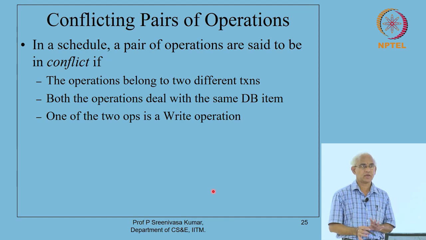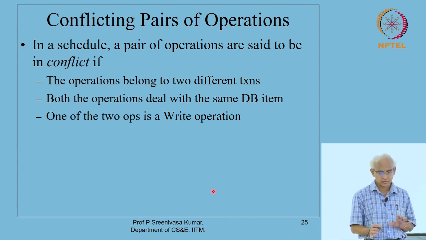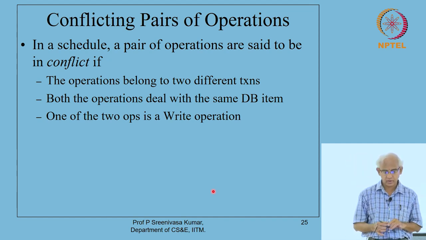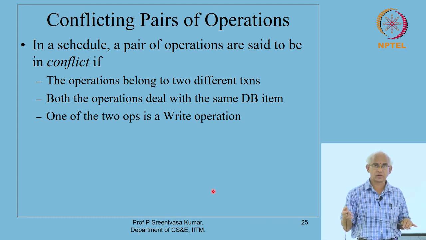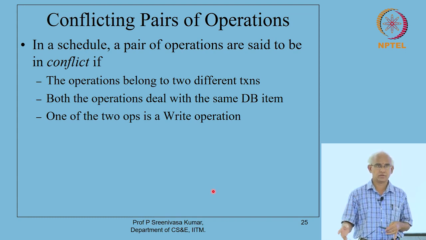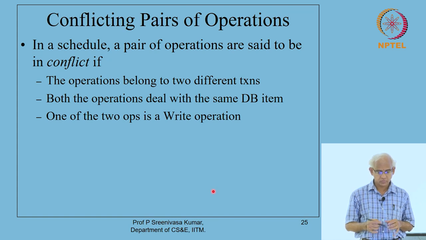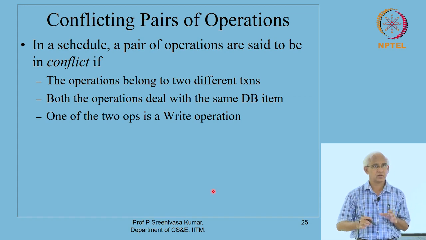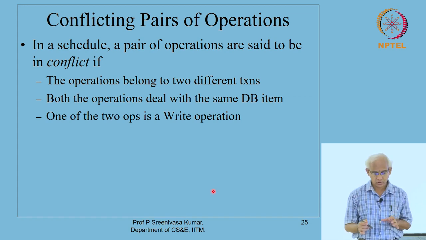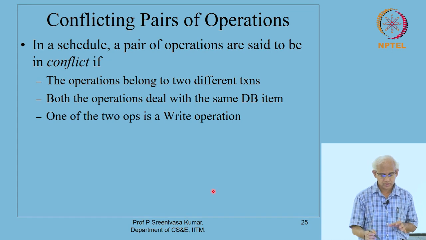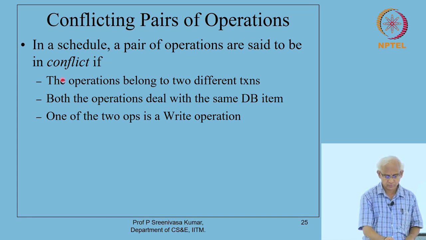In order to make this precise, we need a definition of what are called conflicting pairs of operations within a schedule, because it is these conflicting pairs of operations that are going to cause problems for us. So, let us set them up and then discuss how to handle them.